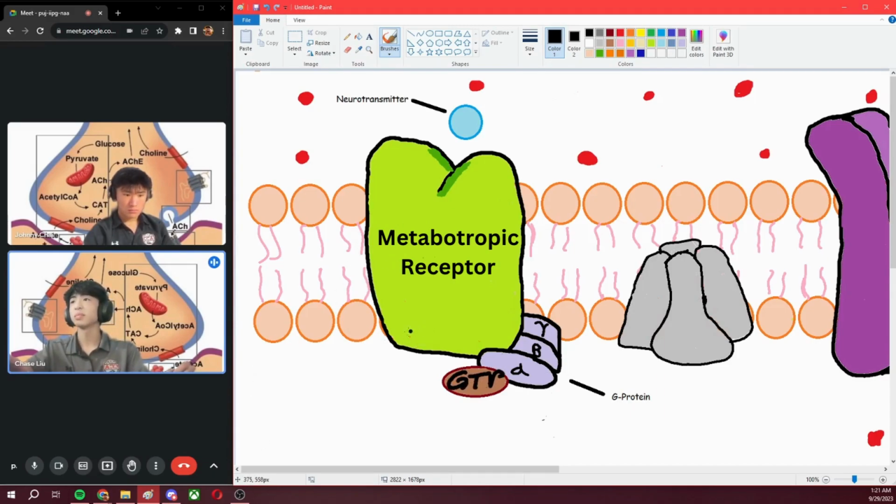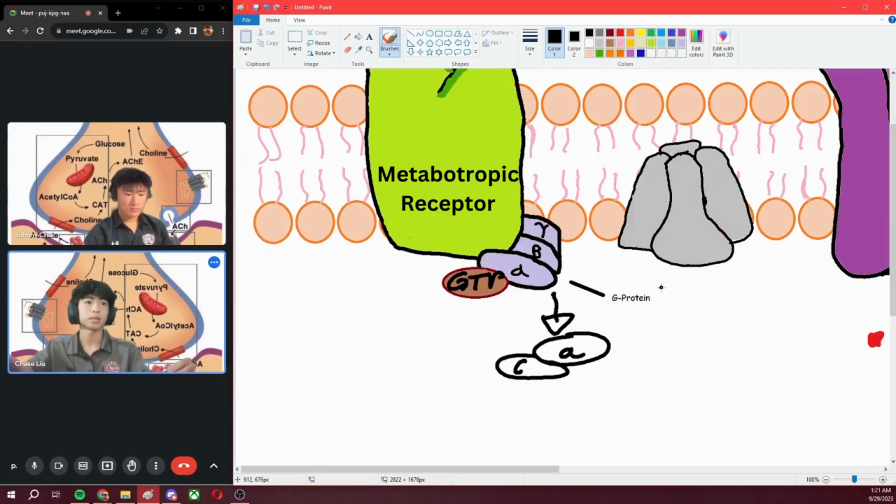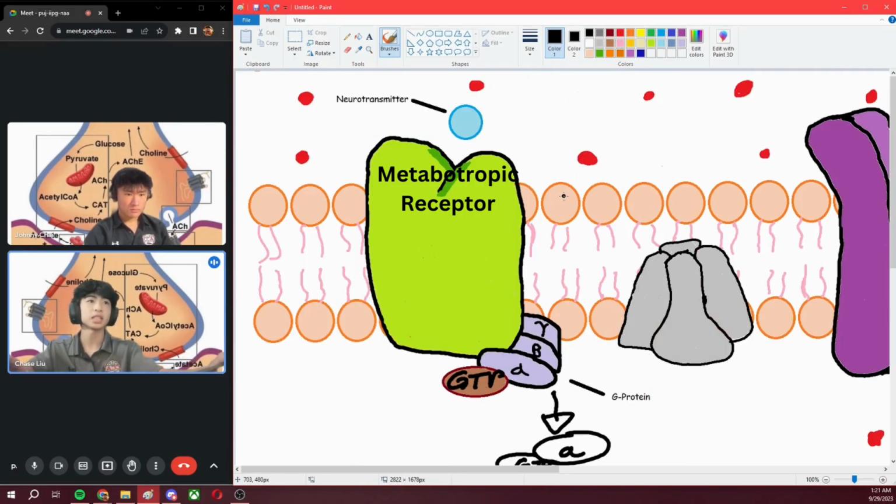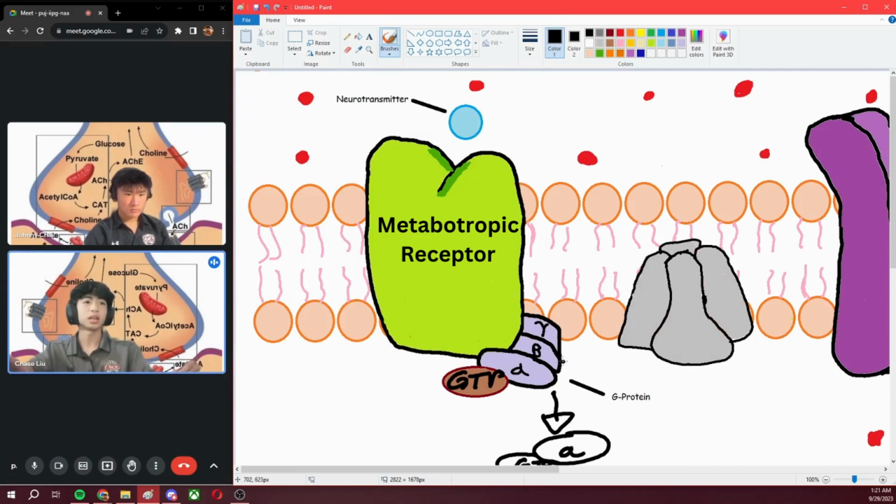Once the GTP binds, the alpha subunit becomes activated, and the alpha unit disassociates itself from the rest of the complex. So something like this. And once it becomes disconnected, the beta and gamma subunit can actually attach itself to the ionotropic receptor, which is over here.